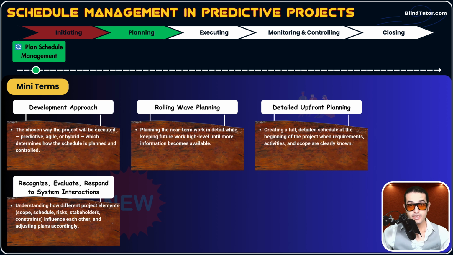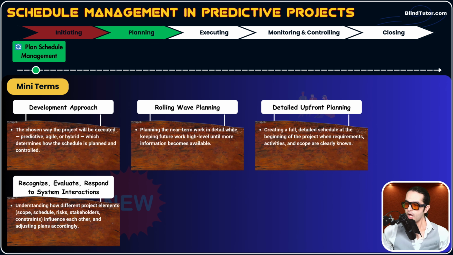When something changes, you need to change all those plans, okay? So for example, when a resource is gone, we have fewer resources, so our schedule plan will be affected because now it will take more time because we have fewer resources, okay? So we need to adjust and update our schedule plans. This is system interaction. You need to recognize, evaluate, and respond to system interaction. And respond here means updating those documents.